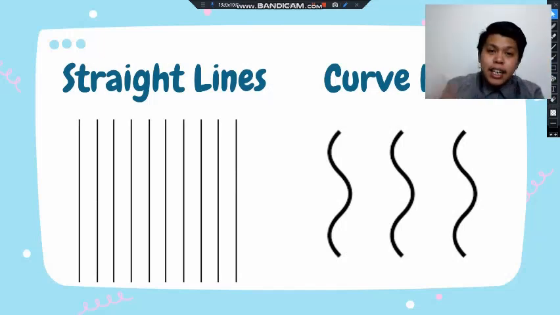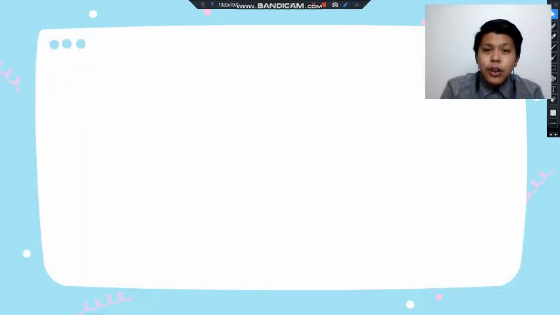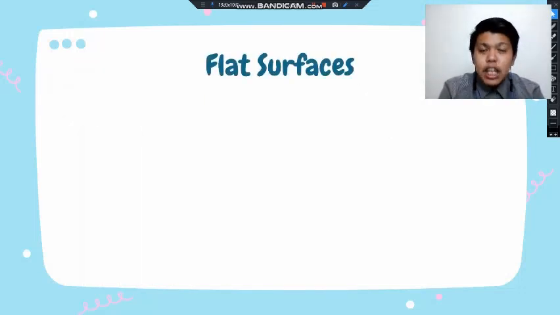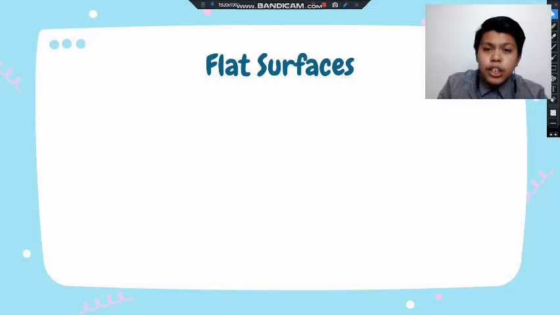Now, let's check this in objects. If we are talking about straight lines, we are talking about flat surfaces. If we say flat, it is straight. Let's check. What are some examples that you can see at home?